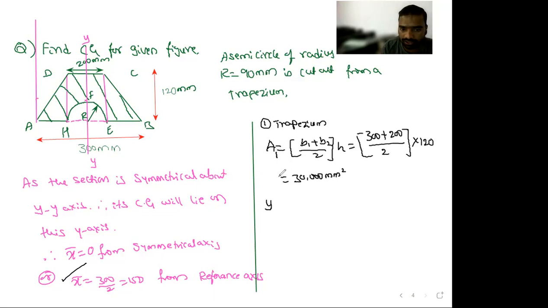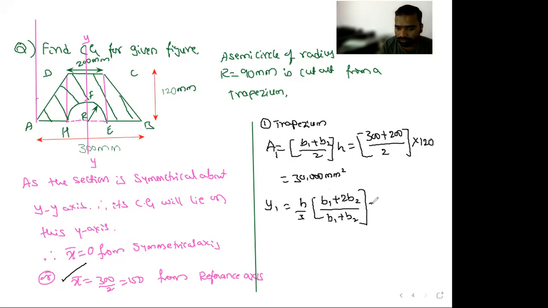The formula for y1 is one standard formula you have to remember: h by 3 into b1 plus 2 times b2, divided by b1 plus b2. Here b1 means the larger bottom width and b2 means the top width.